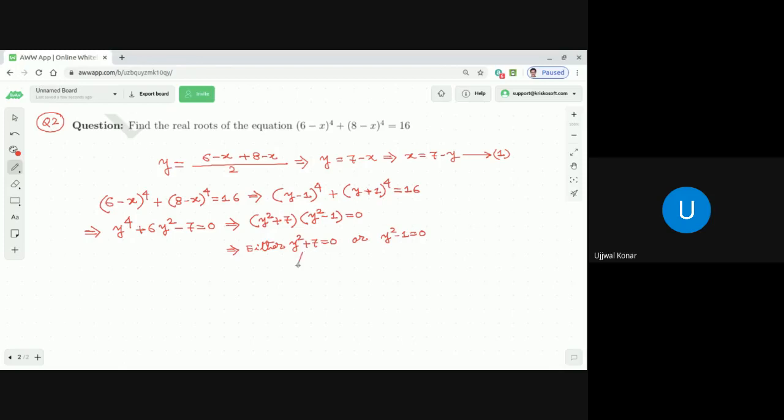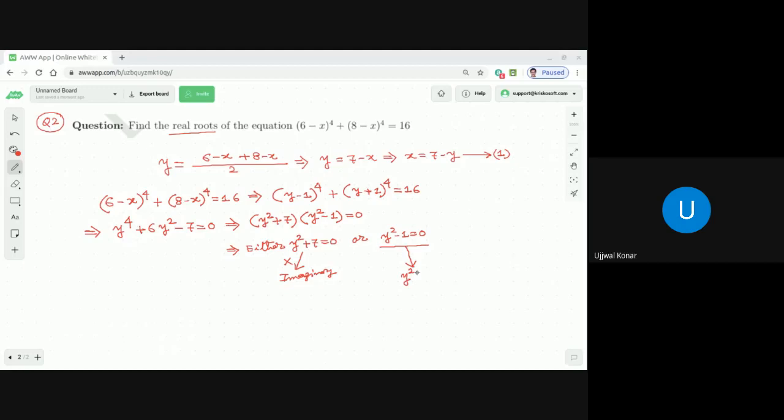That leads to imaginary roots, correct or not? But according to the question, we need to find the real roots, correct? So we should ignore y square plus 7 equal to 0 and focus on y square minus 1 equal to 0, correct, dear students?